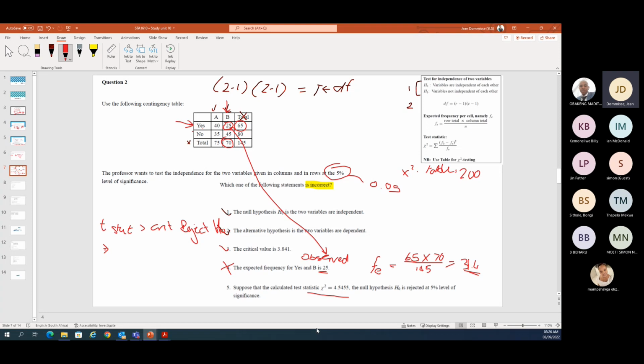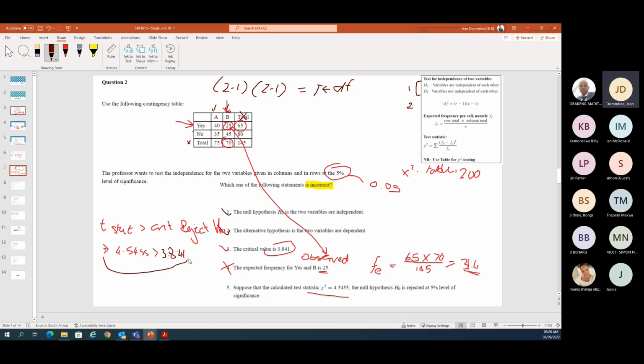So T-stat is 4.5455. That is bigger than your critical value, which is 3.841.